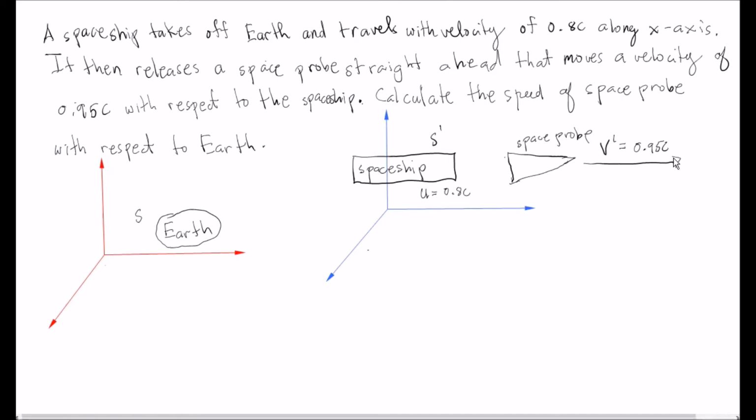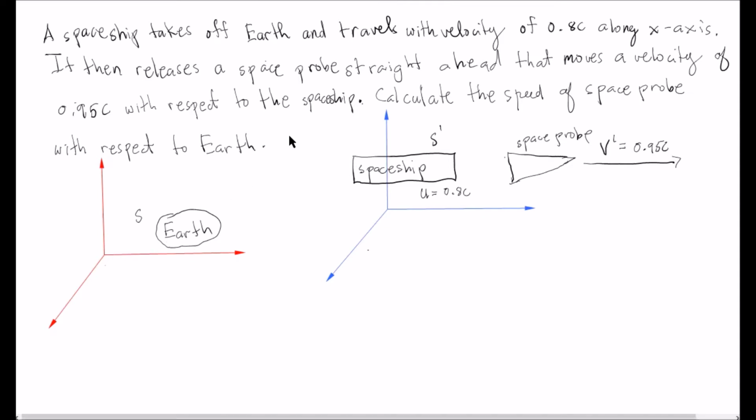So, what is the speed of the space probe with respect to Earth? What is the speed of the space probe observed by the observer on the rest frame, which is Earth?